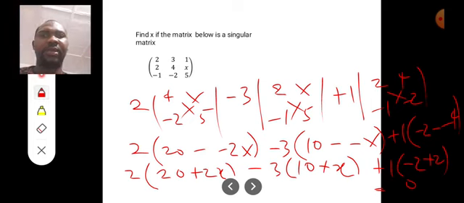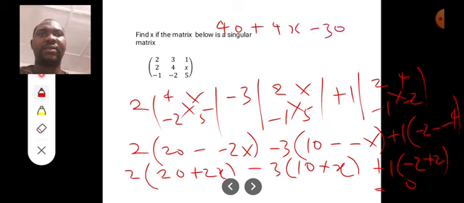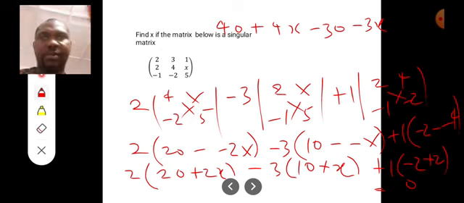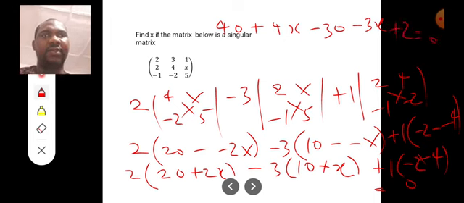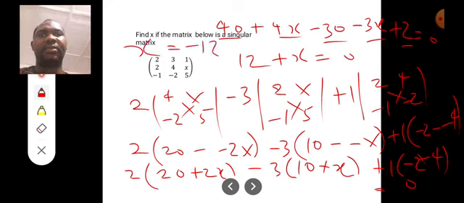If we open the bracket, we're going to get 40 plus 4x minus 30 minus 3x minus 2 plus, here is minus 2 plus 4, sorry, and that's 2, so that's plus 2, everything equal to 0. If I collect like terms, 40 minus 30 is 10, 10 plus 2 is 12. Here 4x minus 3x is x, all equal to 0. So it means that my x is minus 12.